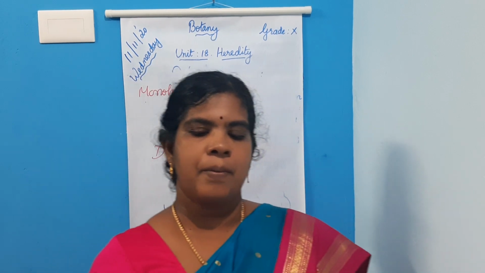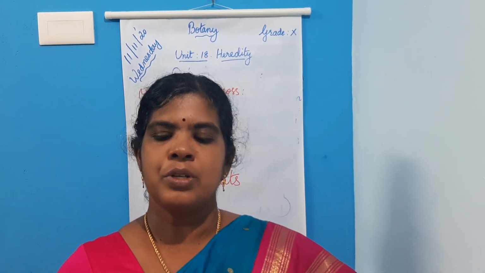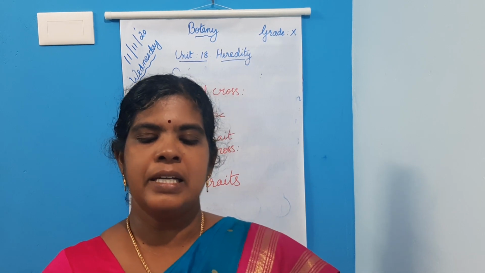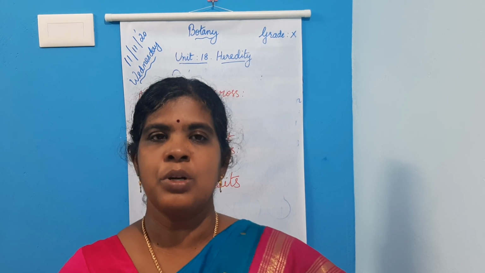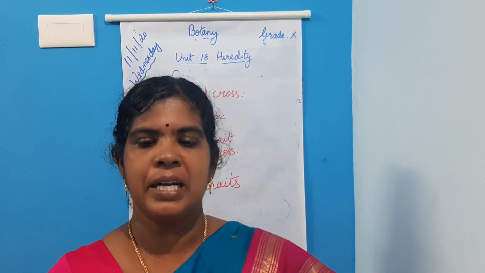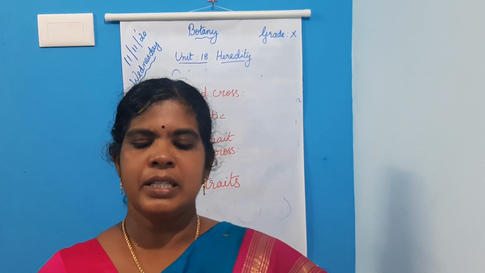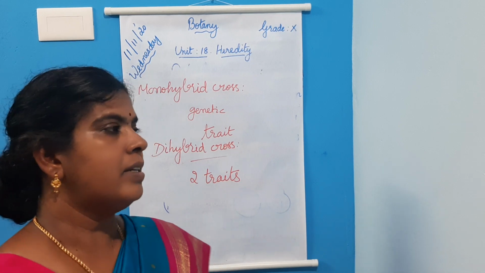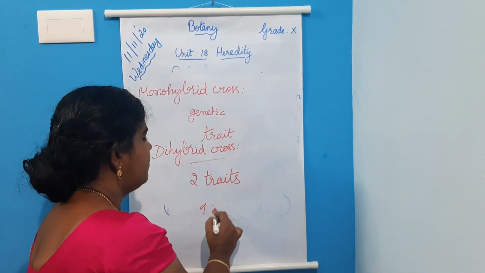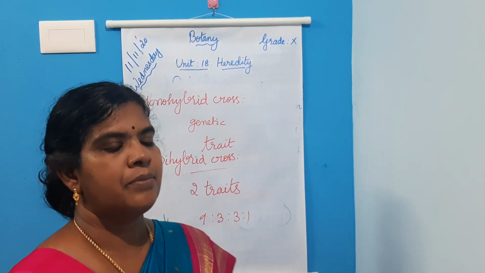Second point, the parents have two different independent traits. Third point, the dihybrid ratio in F2 generation is 9:3:3:1.